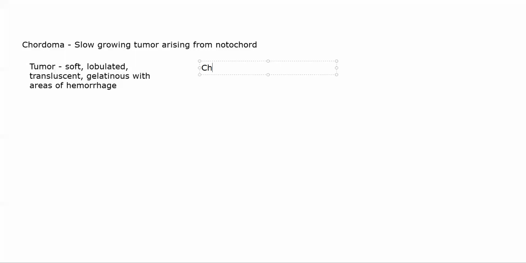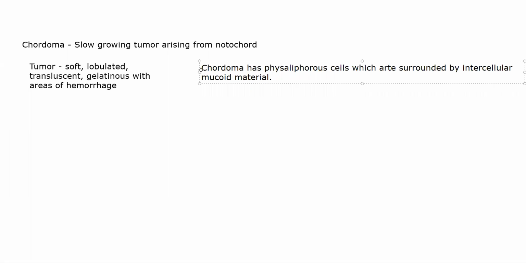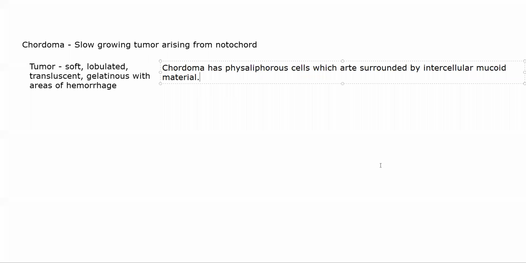So chordoma has physaliferous cells which are surrounded by mucoid material, intracellular mucoid material. Physaliferous cells are those cells that appear like vacuoles. Literally it means that it will be bubble like. वो bubble like cells are vacuolated cells actually.